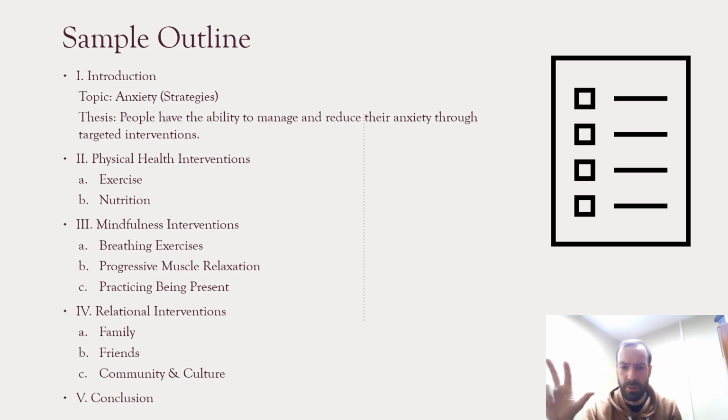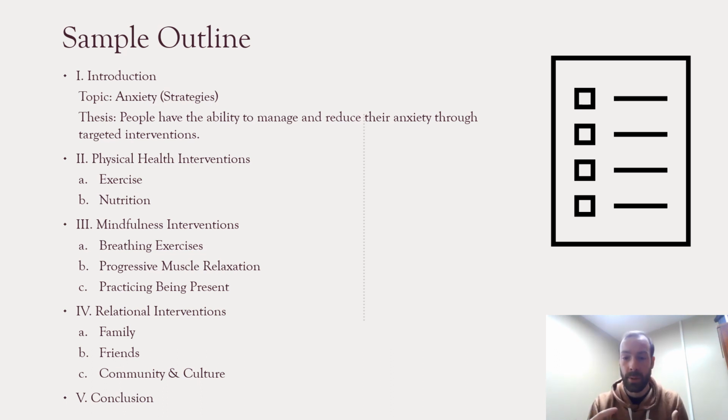These are 3 general types of interventions that you can use to help address anxiety in your life. And so I'm going to be talking about different interventions in different sections depending on what categories they fall into. So this is just a strategy that I've come up with to help organize my paper so it's really clear what I'm talking about in each section.